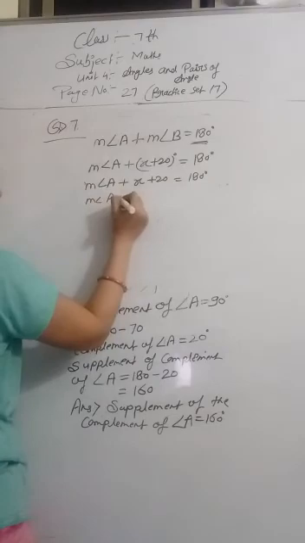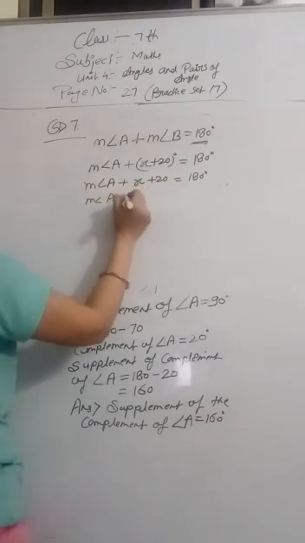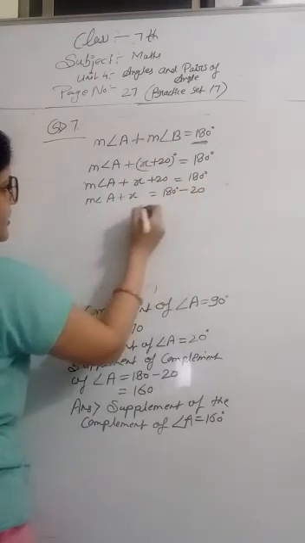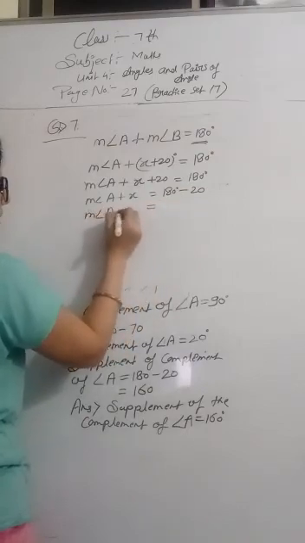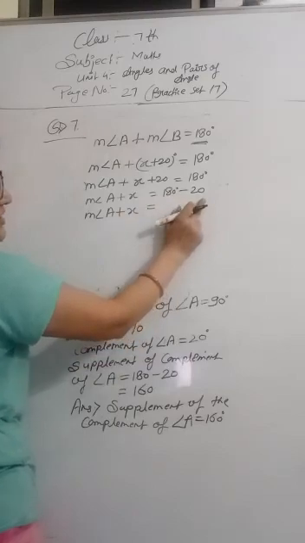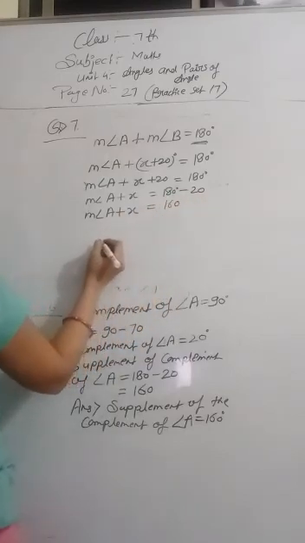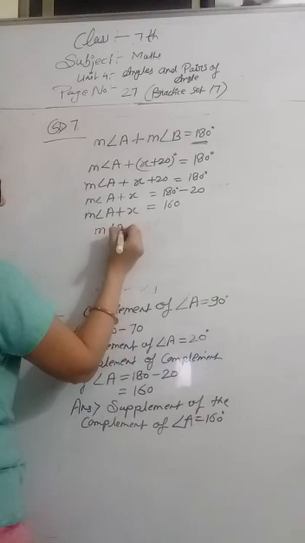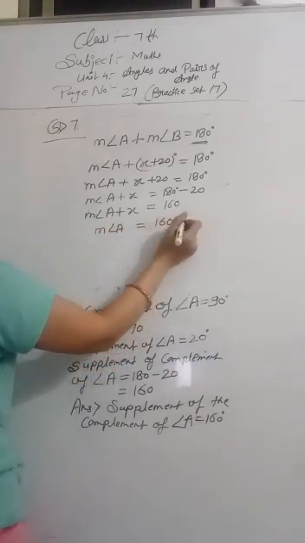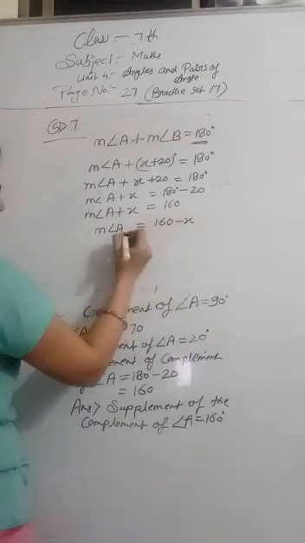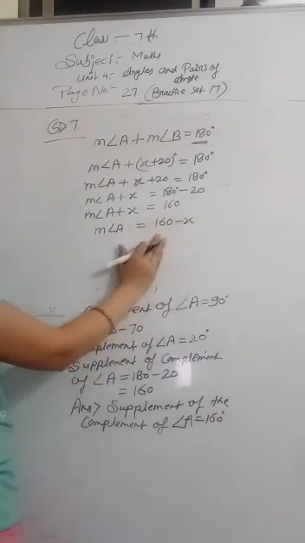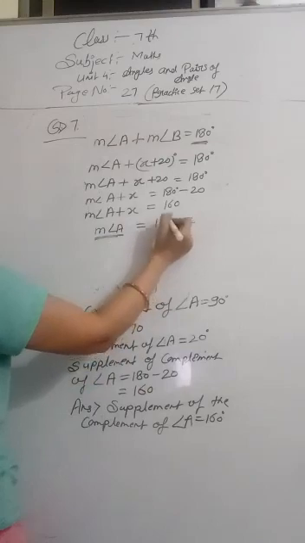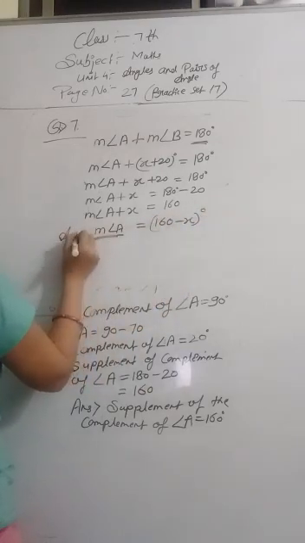Measure of angle A plus x equals 180 minus 20, which is 160. Now we take x to the other side, so we get measure of angle A equals 160 minus x. This is our answer.